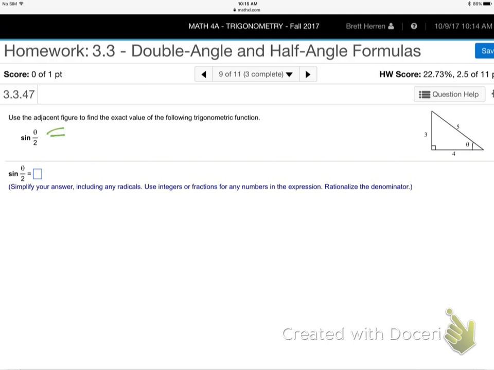Right, so sine theta over 2 is something plus or minus square root of 1 minus cos theta over 2, like that. That good?